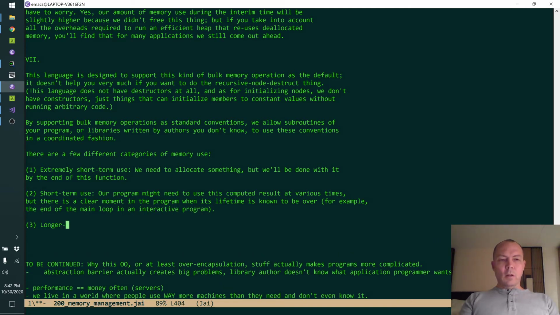3. Long-term use with well-defined ownership.